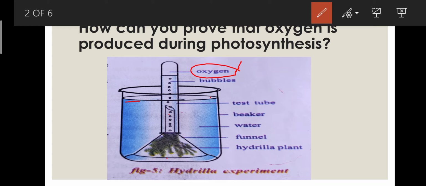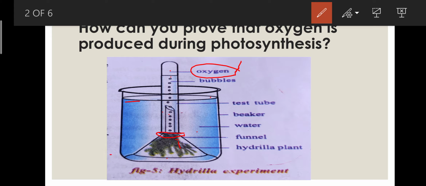After sufficient gas is collected, the test tube is taken out of the beaker carefully by closing its mouth with our thumb. So what can we observe? After some time it is observed that gas bubbles come from the Hydrilla plant which is kept in the setup placed in the sunlight, but no gas bubbles come in setup two because it was kept in the dark.